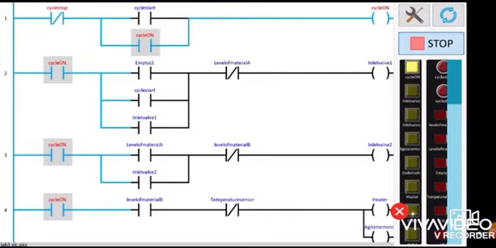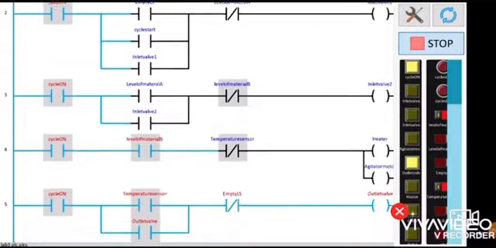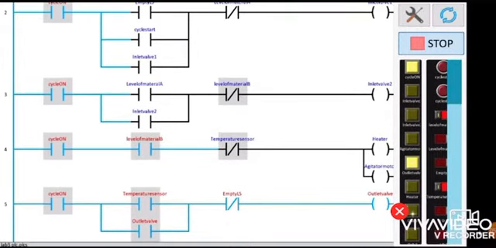As in the previous networks, the coil acts as an input for the network, along with the level of material B in short. This network is to operate the heater and the agitator motor. That's the main function of the fourth ladder diagram.